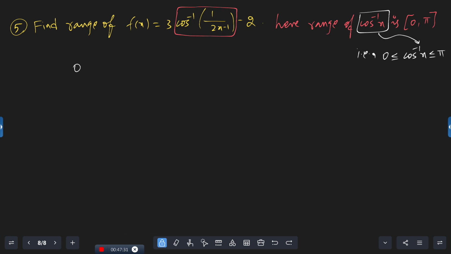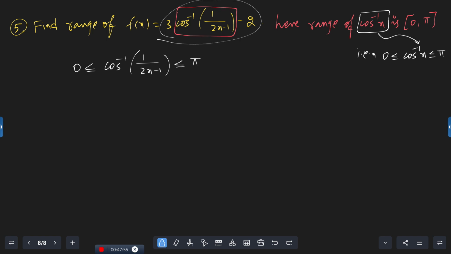So the answer is 0 less than or equal to cos inverse of 1 divided by 2x minus 1 less than or equal to pi. That's it. What is your work here? The whole expression you want to bring in the middle. For domain we cancelled and brought x. Range means you have to bring the whole expression in the middle.